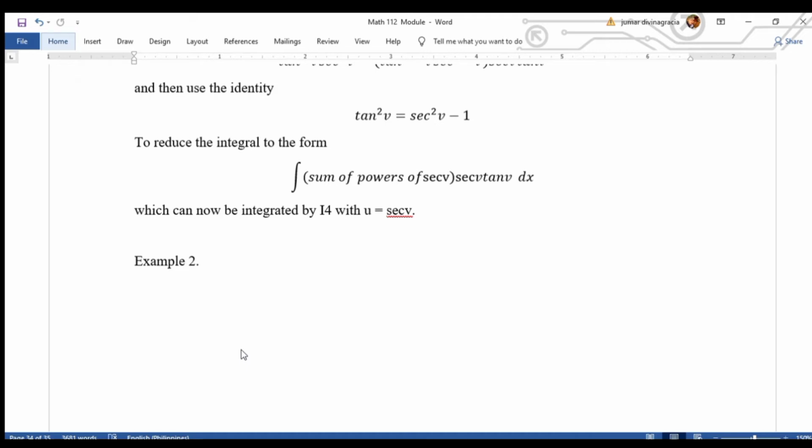So let's have an example for case number 2. The example here is we have to evaluate the integral of tangent to the power of 3x times secant to the power of 5x dx. Solution.